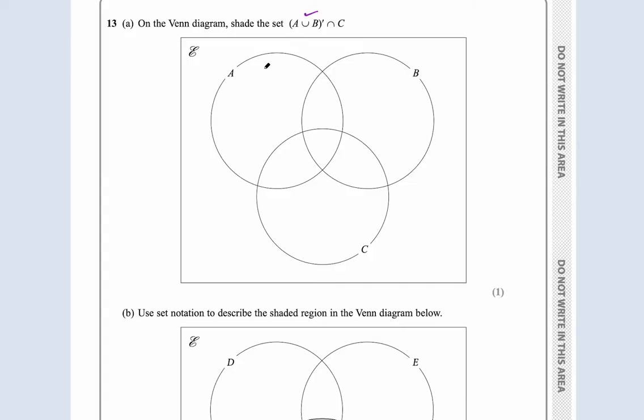So not A union B will be this section and the outside. It's not anything in A or anything in B. And then the C section I'll do with a green. So that's this, this, this, and this. But the question is, which shade this region? So it's this intersection C, so it has to be the one with the green and the purple tick, because the intersection means it has to be both of these.